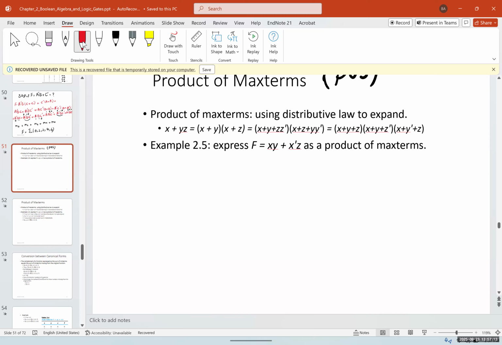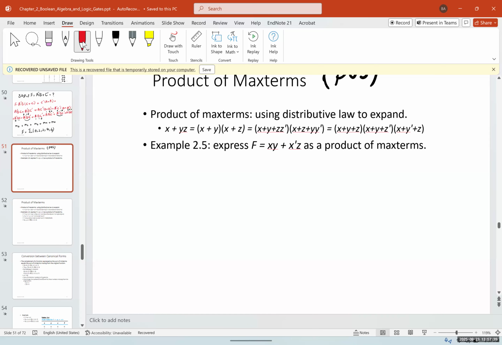Is this why this works? What is the final answer? Oh, I'm working on this. This is the distributive law. I want to go from here to here.